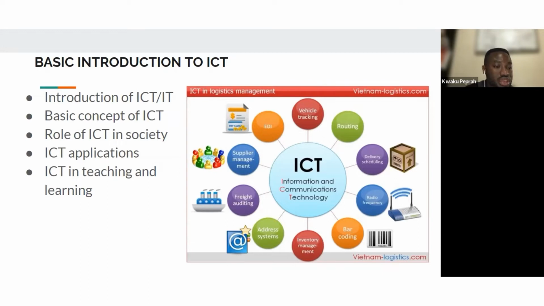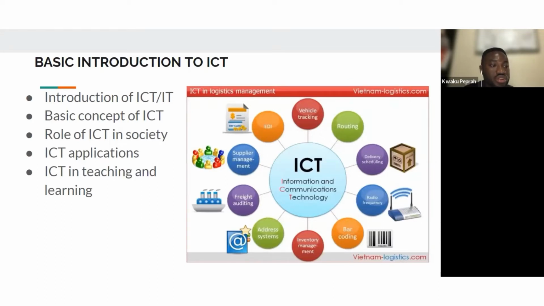So as you can see here in the graphics, ICT is made up of so many different things, right? Information and communication technology has to do with so many different systems that come together for exchange of information to be able to help us operate efficiently and effectively.